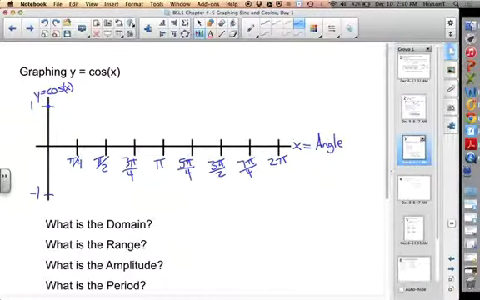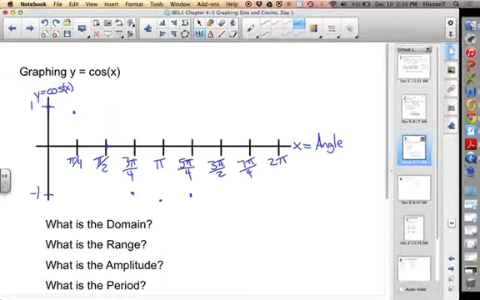So cosine at angle 0 is 1. At pi over 4, it's root 2 over 2. At pi over 2, it's 0. At 3 pi over 4, we're at negative root 2 over 2. At pi, we're at negative 1.